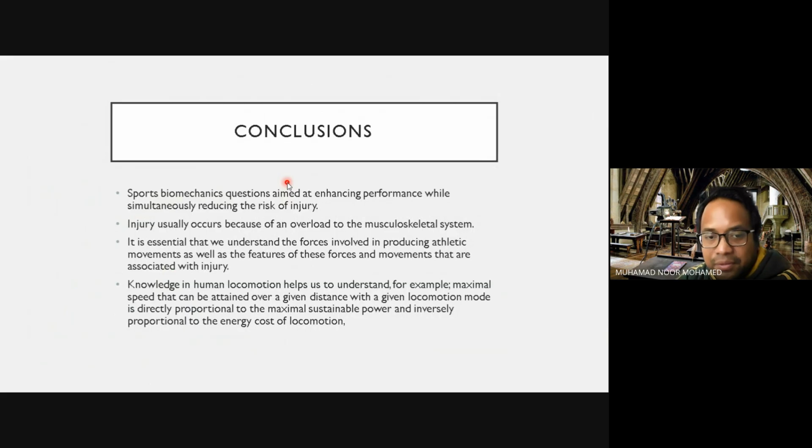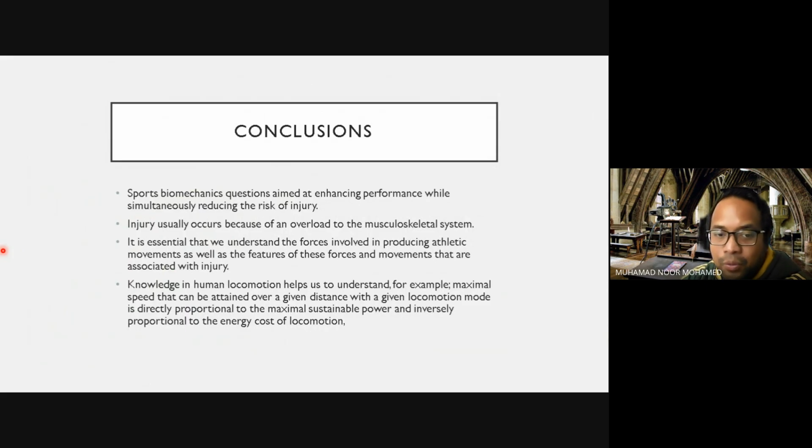So it is actually essential that we understand the force involved in producing athletic movement as well as the features of these forces. By knowing the line of force, by knowing the direction of this force, we can actually reduce a lot of injuries.